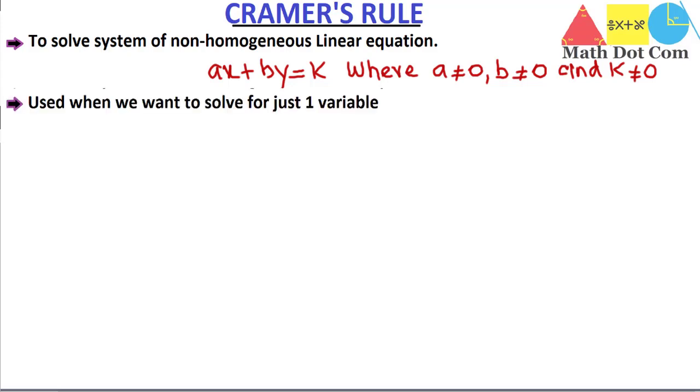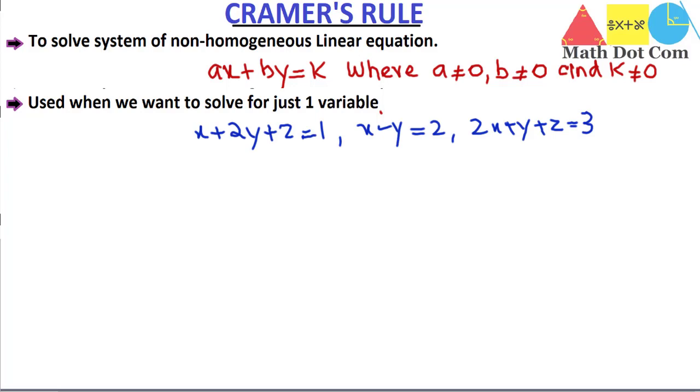It is used when we want to solve for just one variable. Now what does it mean? It means when you come across a system of linear equations, you usually have to solve for all the given variables. For example, this is a system of non-homogeneous linear equations where we have three variables.